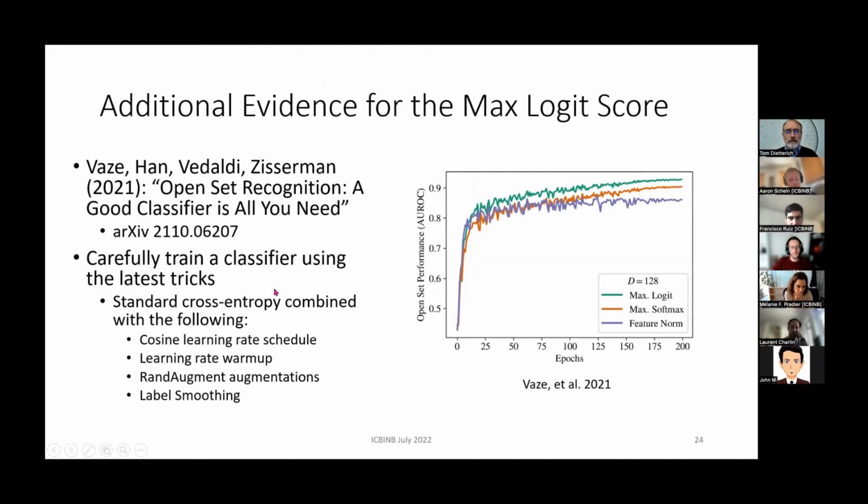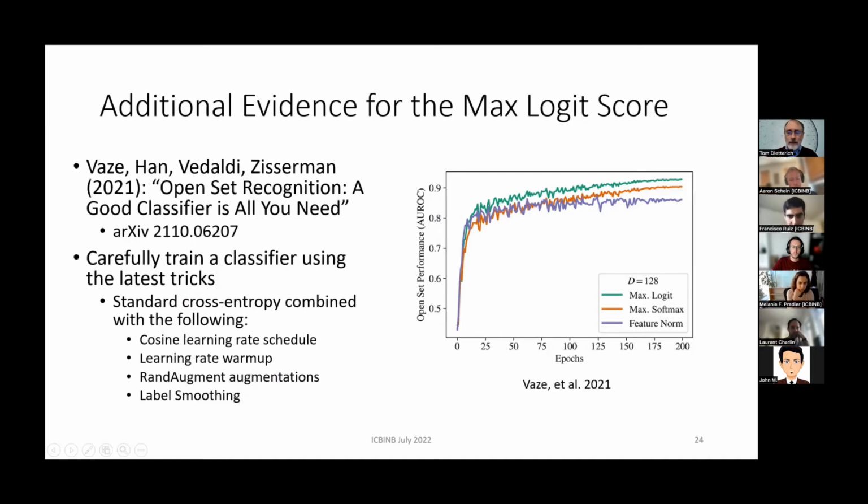They basically said, if we train a convolutional neural network, of course they're using VGG because that's their group, and you just train them on standard cross entropy with all the latest tricks, so cosine learning rate schedules with warm up, using RandAugment, and doing label smoothing, then the maximum of the logit scores was giving the best area under the ROC curve on some problems that they were looking at.